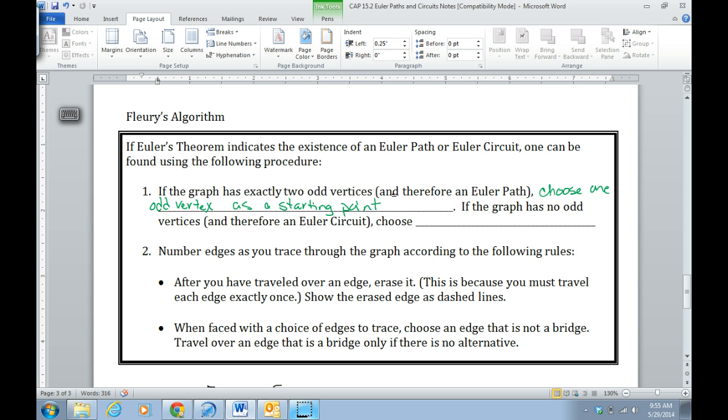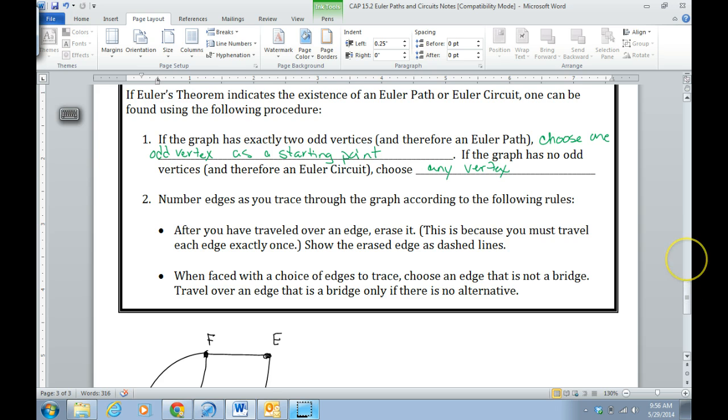Okay? If the graph has no odd vertices and therefore an Euler circuit, you can choose any vertex. And that's nothing new. We talked about that already up above at Euler's theorem. But this is what is new right here in part 2.